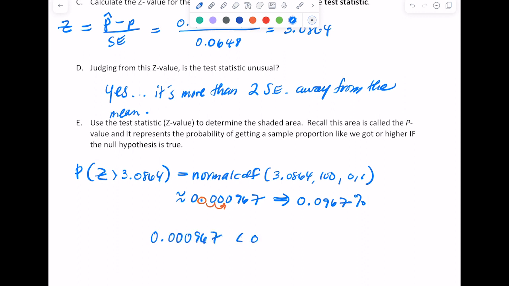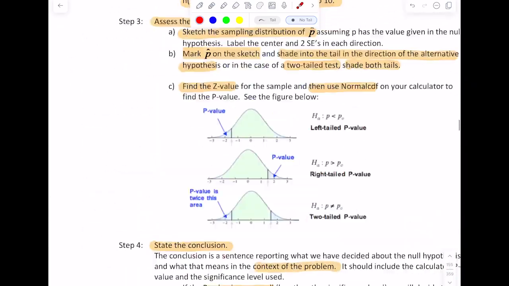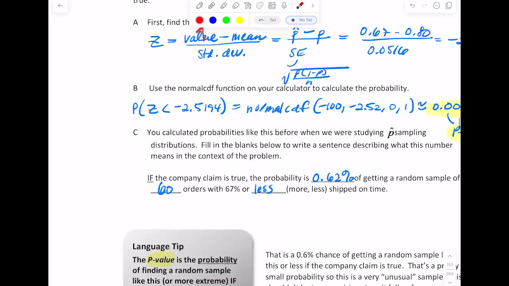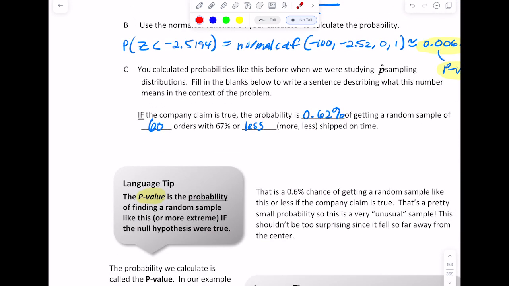So if I look at this number here, it is less than 0.05. So that tells me I'm going to reject the null. It's saying, okay, there's not enough evidence to suggest the claim being made is true. So we're rejecting the null because, again, this is your p-value. And if you go back and look, the p-value by definition is the probability of finding a random sample like this or more extreme if the null were true.